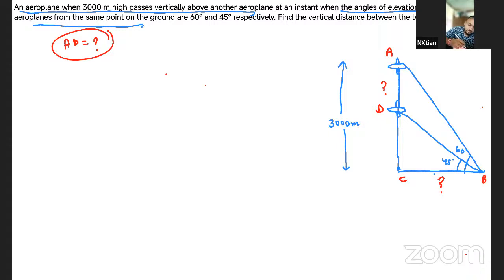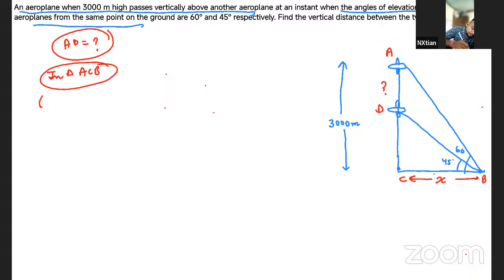So I'm considering this CB as X. Okay. So now in triangle ACB, this big triangle I'm talking about, in triangle ACB, what is theta?